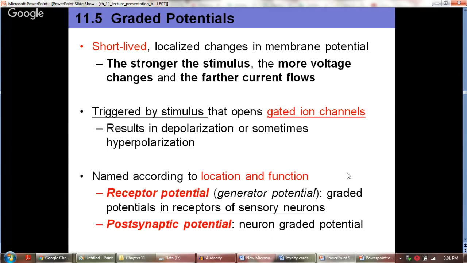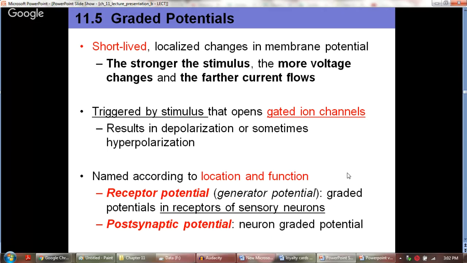Since we encountered the words graded potential and action potential, let's look at those two. What is a graded potential? It's a short-lived, localized change in membrane potential. The stronger the stimulus, the more voltage change happens and the farther the current flows. It works over short distances, as we discussed before.